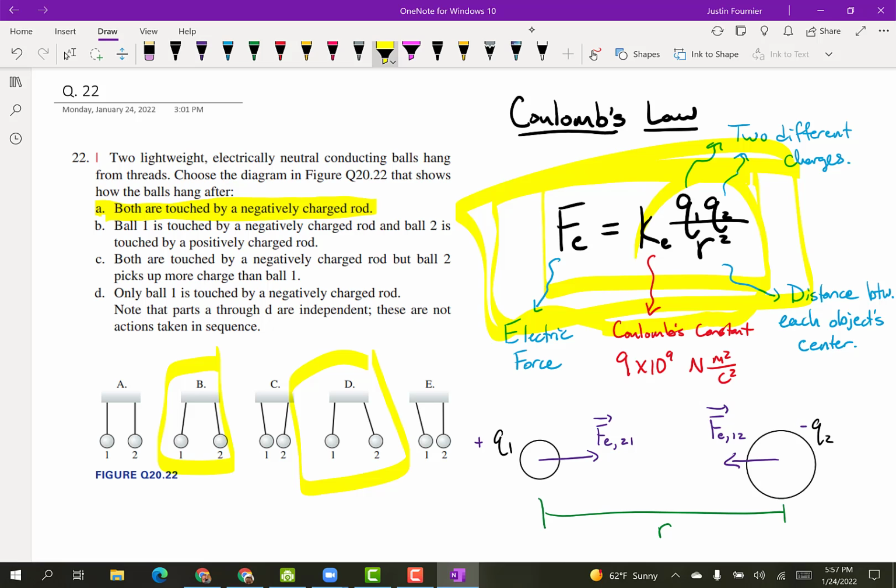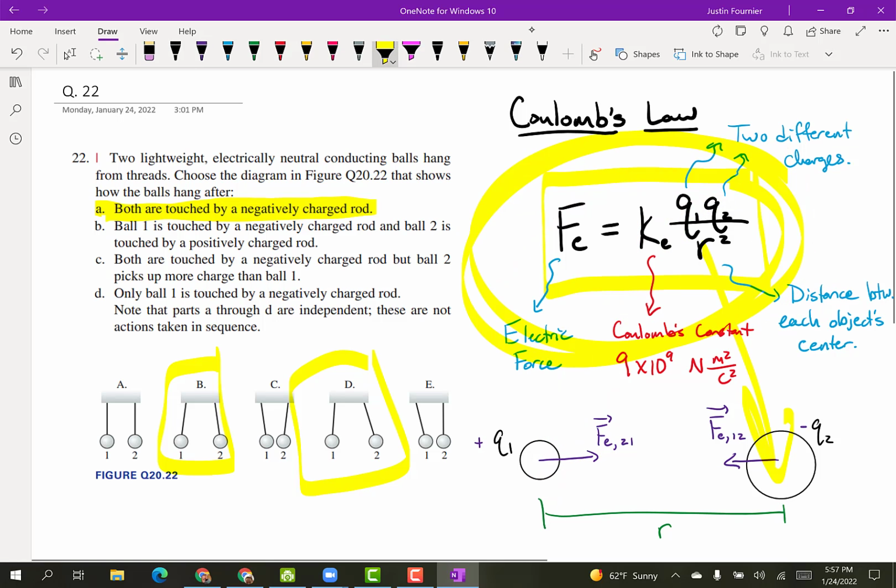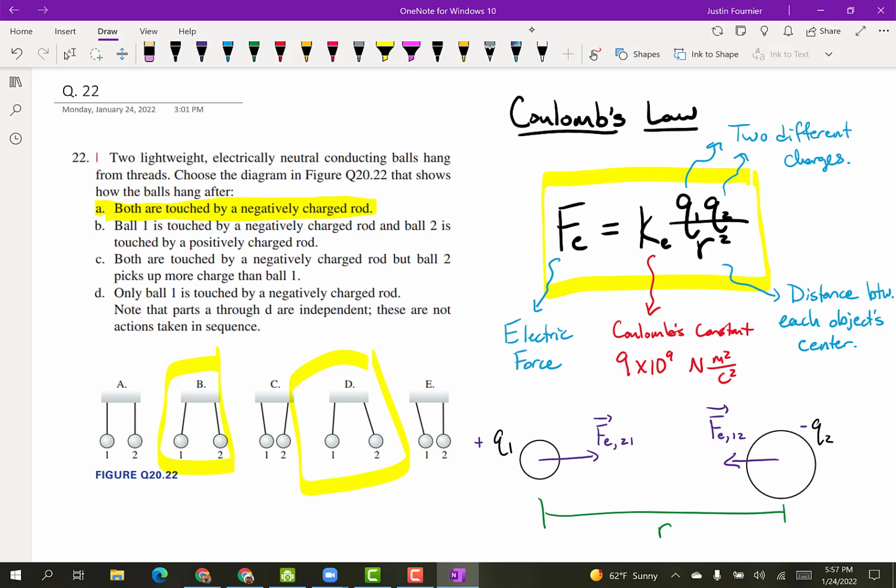To calculate the electric force on this charge it's this equation, and to calculate the electric force on this charge it's also this equation. It's confirming Newton's third law: both feel the same force from each other. So I'm going with B. A is B. I'll write it over here.